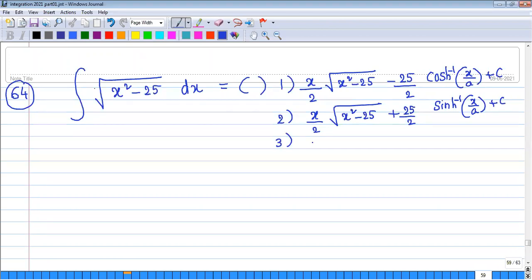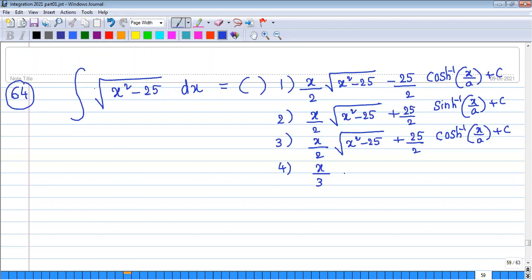Third one: x upon 2 root of x square minus 25 plus 25 upon 2 cos h inverse x by a plus c. Fourth option: x upon 3 root of x square minus 25.